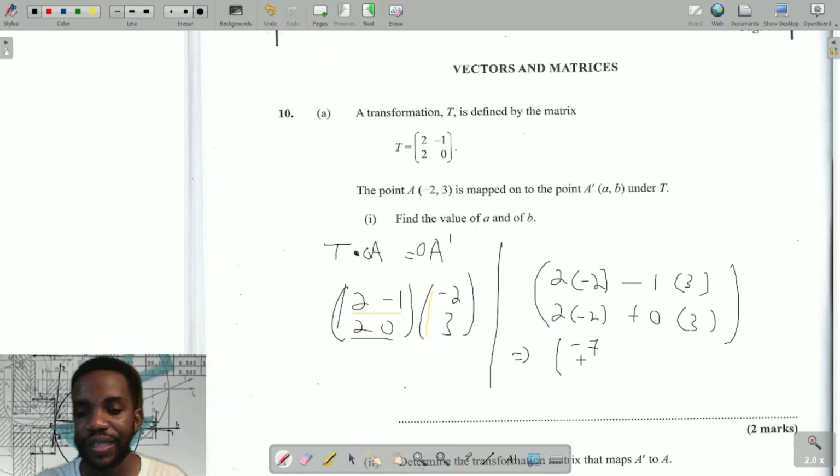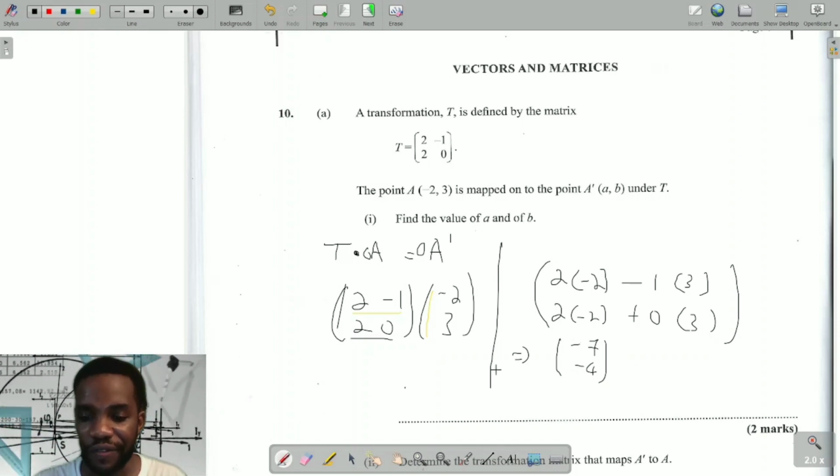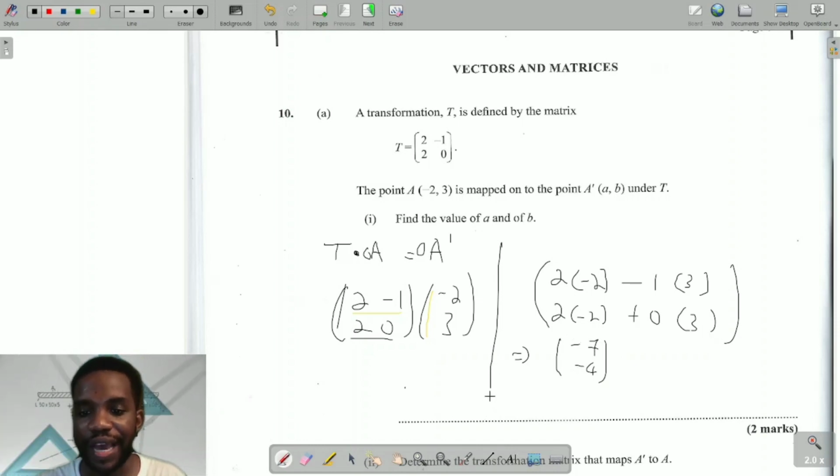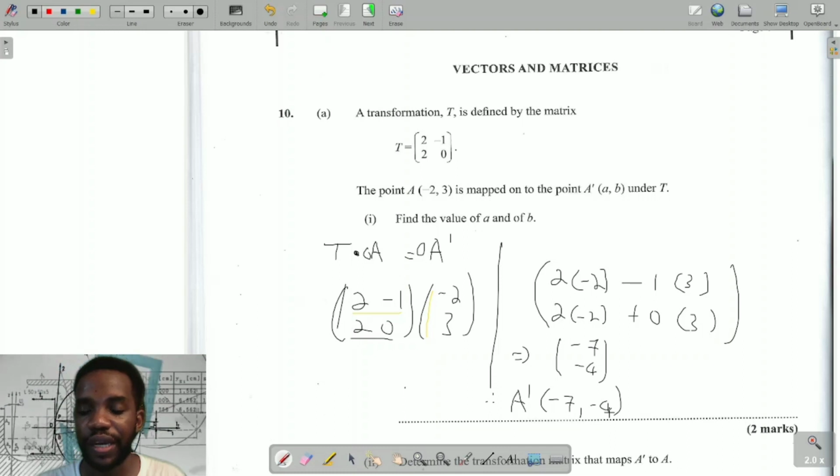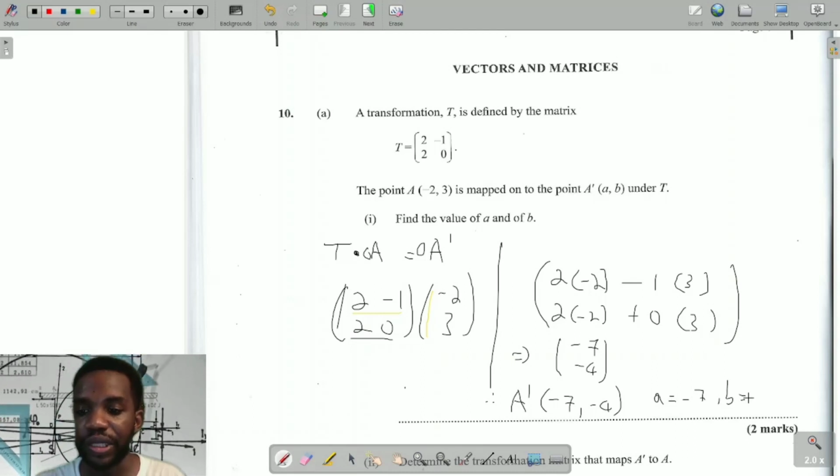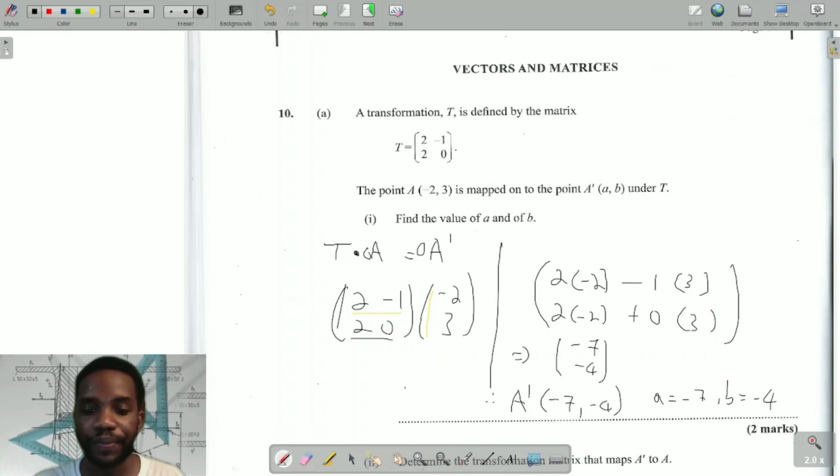So I'm going to have -7, -4. Now this is in its vector form. As a coordinate, I can say, therefore, A prime would be (-7, -4), which means that a is equal to -7 and b is equal to -4.